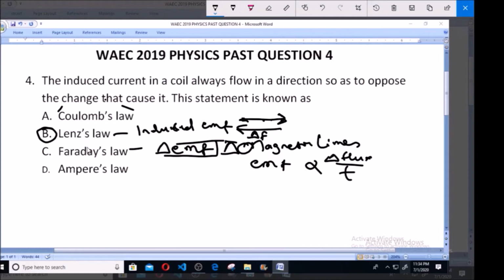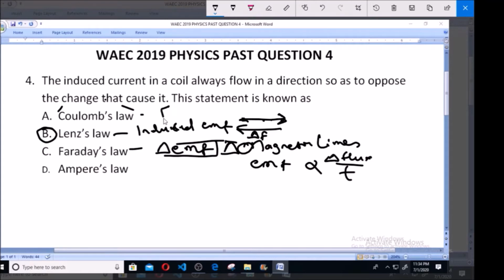Now moving further, for us to understand the other ones, let's talk about Coulomb's law. Coulomb's law simply states that the electrical force between two charged objects is directly proportional to the product of the quantity of charge on the objects and inversely proportional to the square of the separating distance.